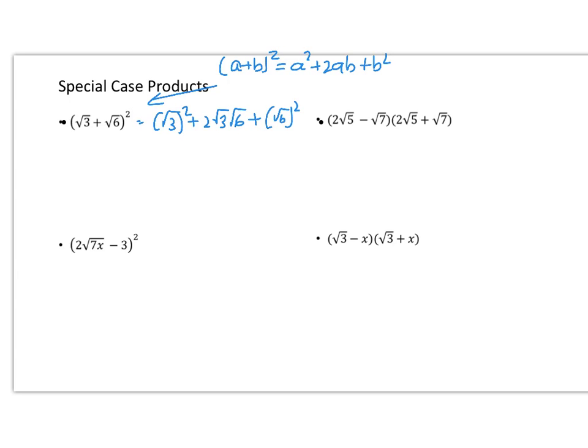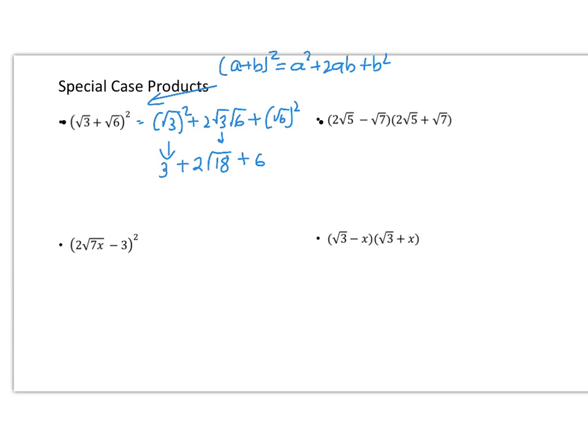So now you can see what's going to happen here. The square root squared of 3 is just 3. Then we have plus 2 times the square root of 18, which is that term there, and the final term is just plus 6.